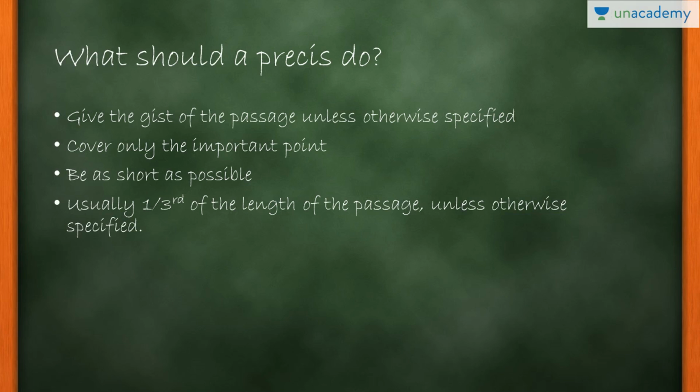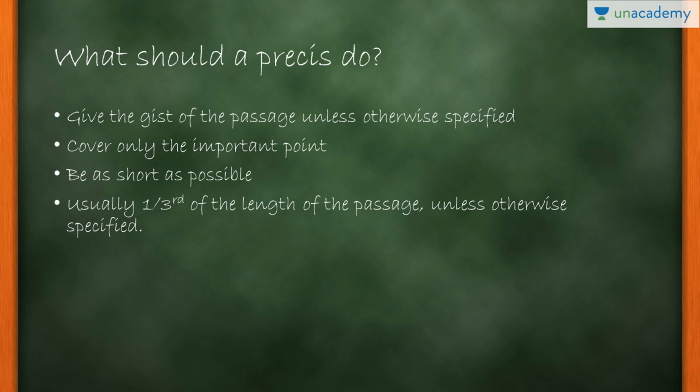So what should a Preci do? I mean, why do you usually write a Preci? Like, you write an essay to write a story sort of thing, you write a letter to catch up, you write a report for people to see what you felt, and so what's the need of a Preci? Now, the Preci is actually the gist of the whole lesson unless it's otherwise specified, and it only covers the important points.